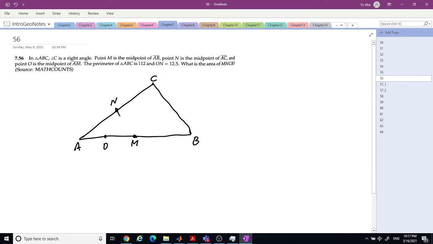Okay, so M is the midpoint, N is the midpoint, right? Means NM is parallel and equal to half of BC.